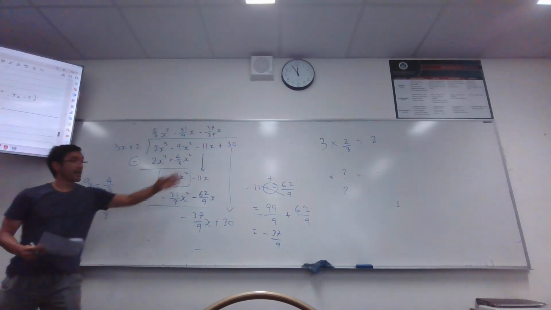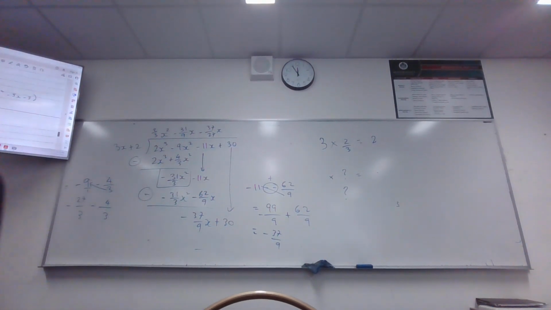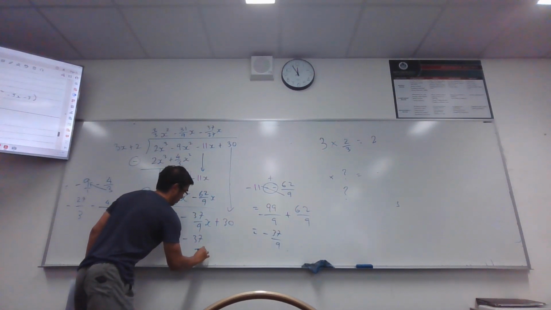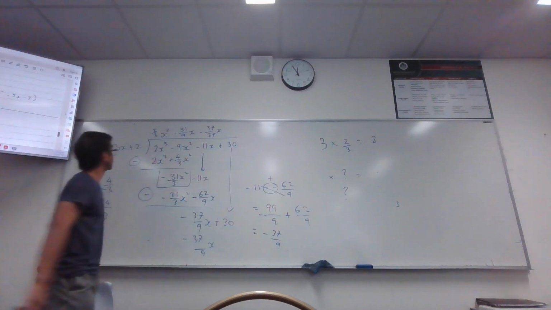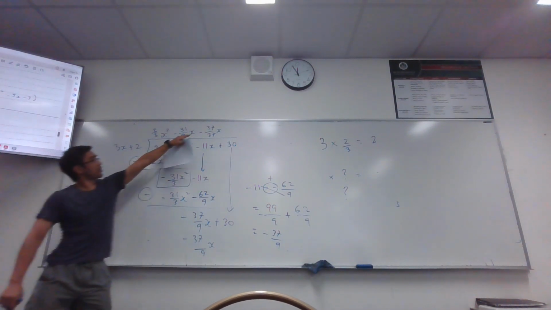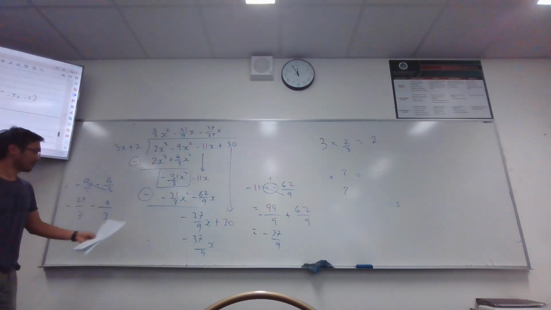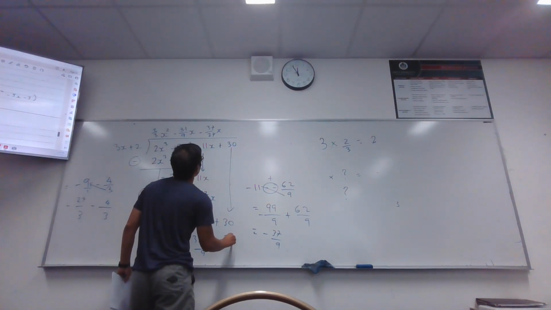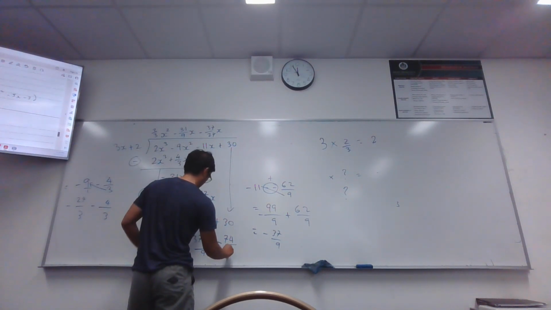We do it the same way as we've been doing it. We're just going to fast forward with that. Two groups of 37 on 27. So negative 74 on 27.